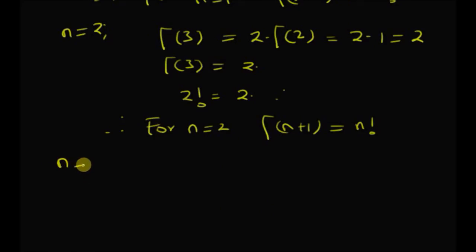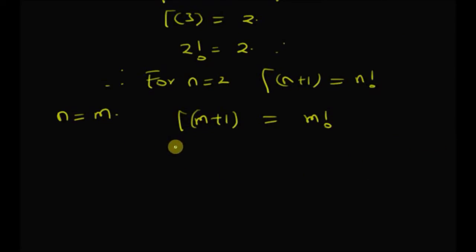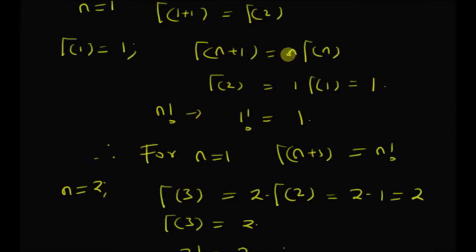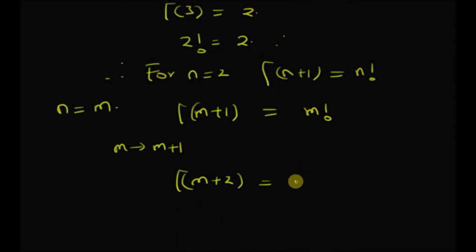Now let us assume that it is true for n equal to m. That is, let us assume that gamma of m plus 1 is indeed equal to m factorial. Now we have to derive that it is also true for n equal to m plus 1. That is, by replacing m with m plus 1, we have gamma of m plus 2, which by using this property should be equal to m plus 1 multiplied by gamma of m plus 1.